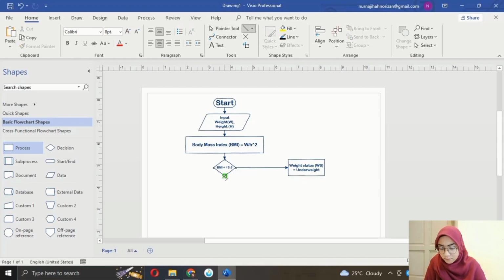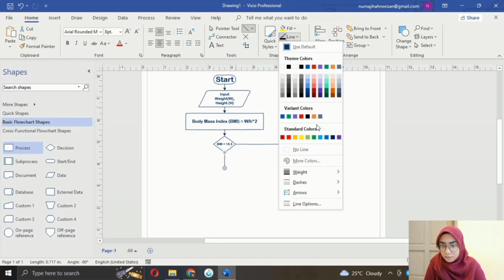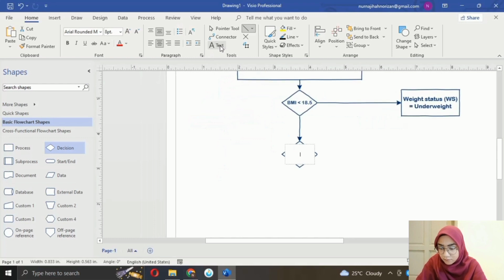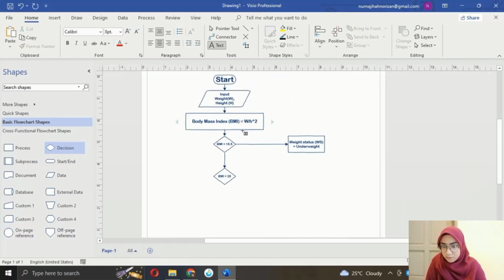Next, from this decision, we take an arrow and go down and put another decision, and the explanation about this decision is BMI over 25.